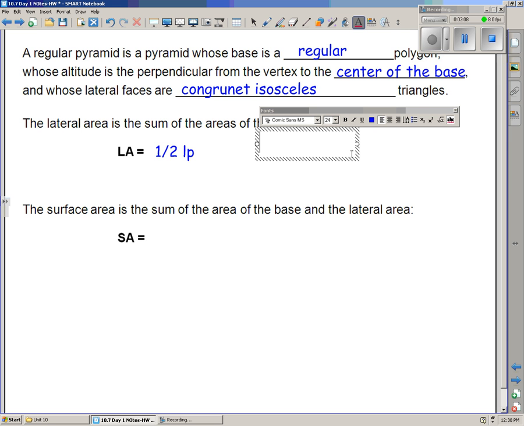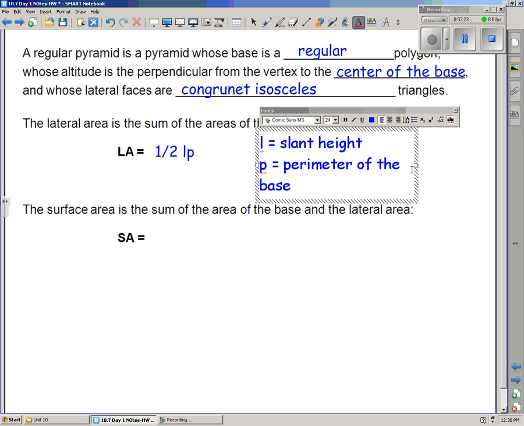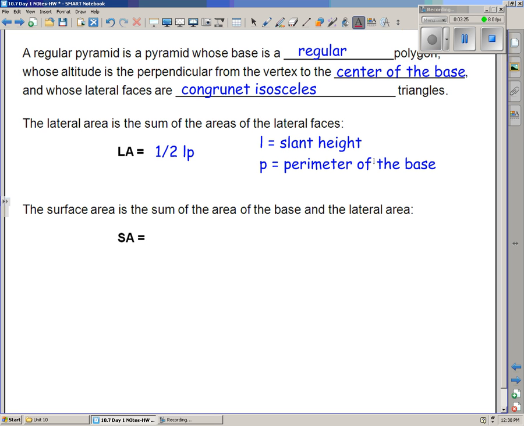So L equals your slant height, and P equals the perimeter of the base. So we've got 1/2 the slant height times the perimeter of the base. If you want to find the area of all the different triangles, that's fine. You'll do base times height divided by 2 times however many there are.